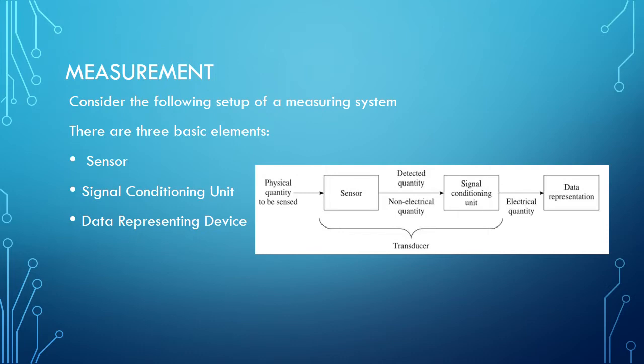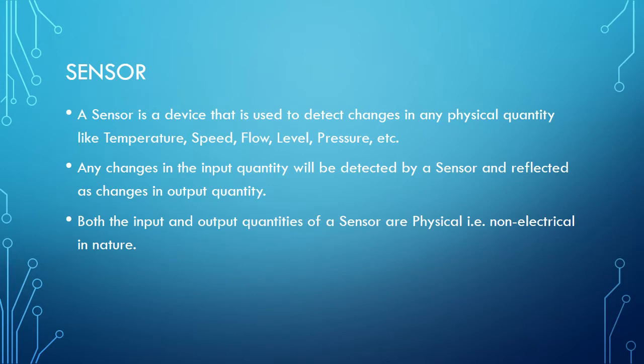Let's discuss what a sensor is. A sensor is a device that is used to detect changes in any physical quantity like temperature, speed, flow, level, pressure, etc. Any changes in the input quantity will be detected by a sensor and reflected as changes in output quantity.